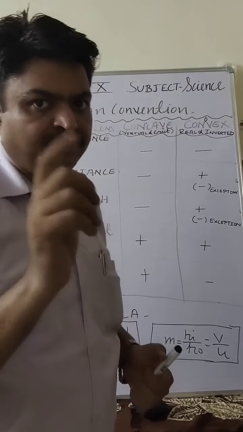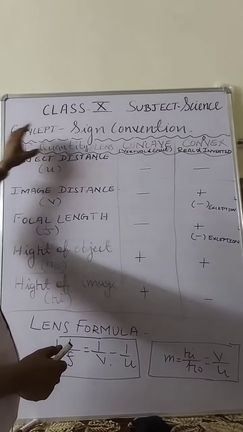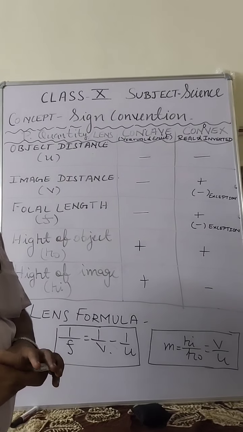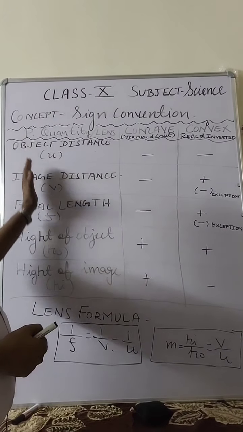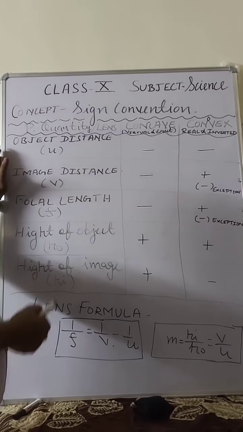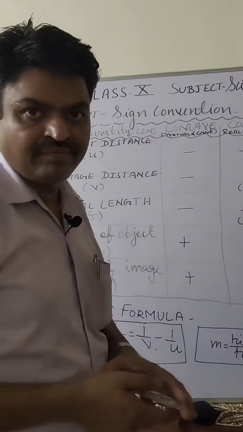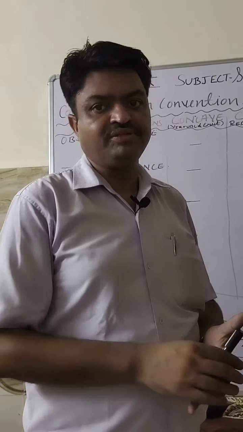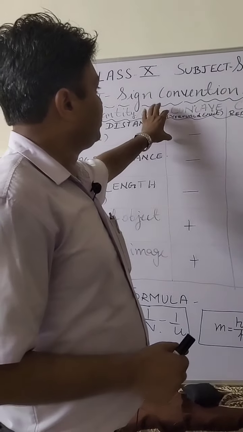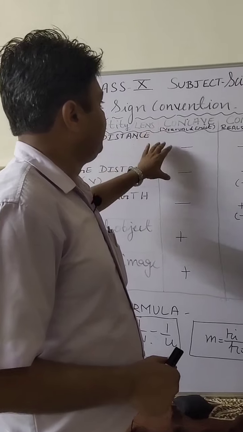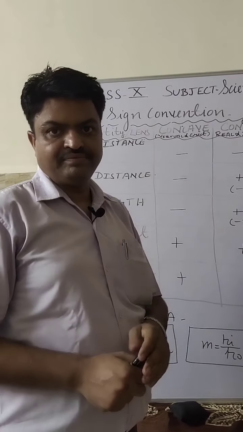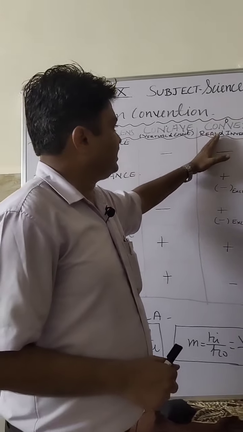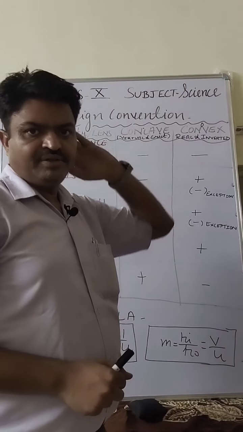Yes, student, now we come to our next concept, that is sign convention. Means the physical quantities that are found in the case of the lens, their sign is changed according to the image formation. Like concave lens generally forms the virtual and erect image. Convex lens forms the real and inverted image.